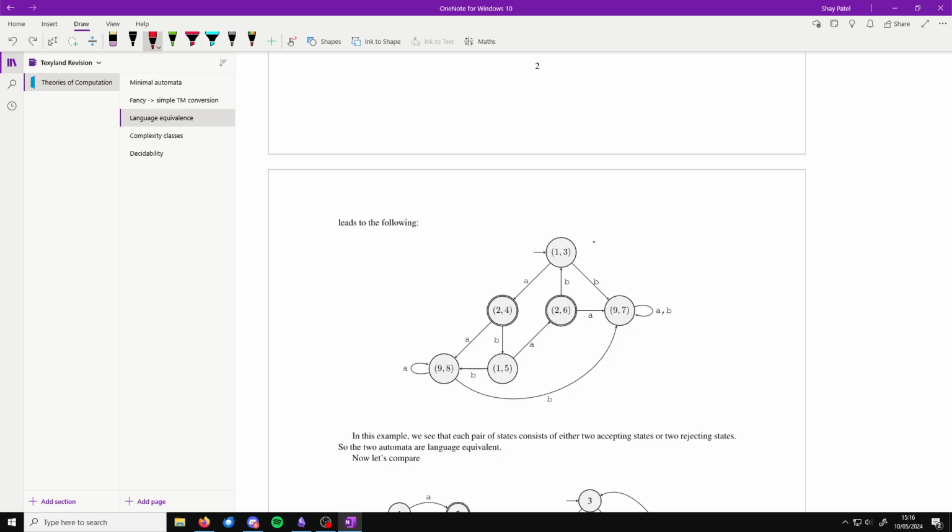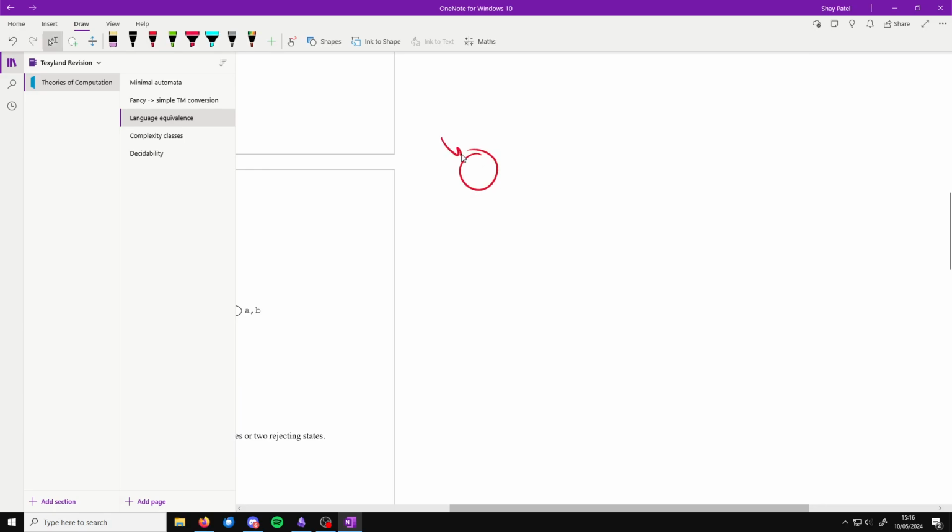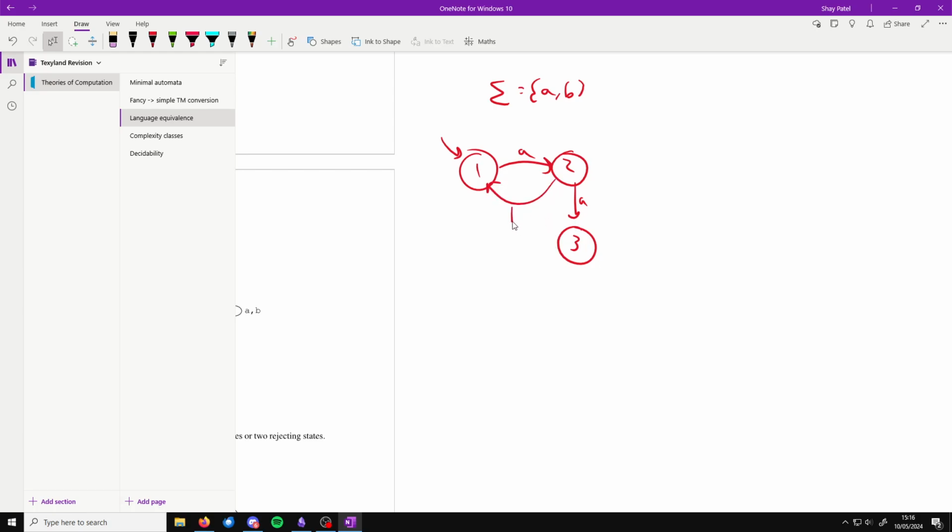Why would this not work if both are partial? If we had a partial DFA, so say we had, okay, I think if we can think of an example, so say we had something like sigma equals A, B, and then we had something like a second one.